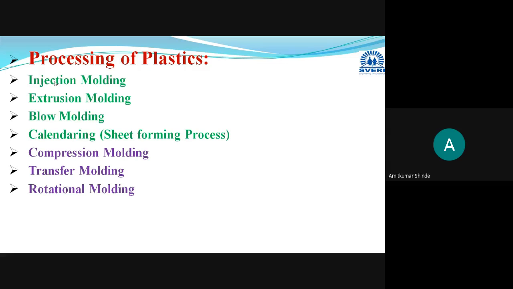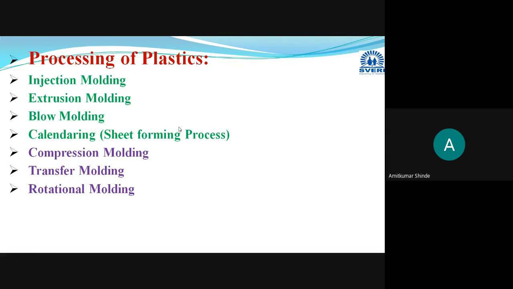Sometimes you can use them for thermosetting materials also, but most of the time we are using these four methods for processing of the thermoplastic materials.